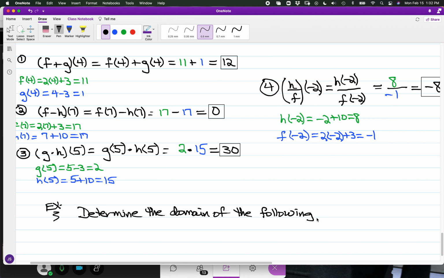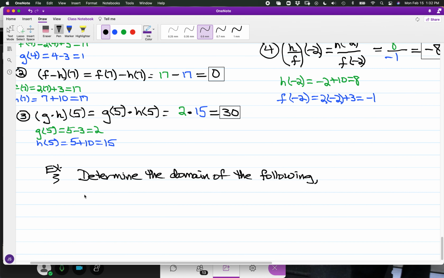And let's say we have here f of x is equal to 3 over x plus 4, and we have g of x is equal to, and we'll say x minus 4 over x plus 1.